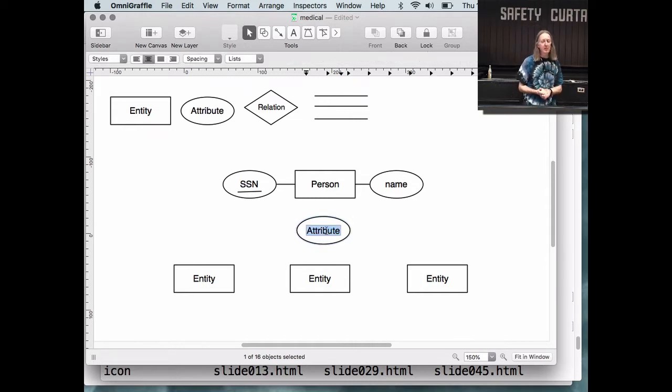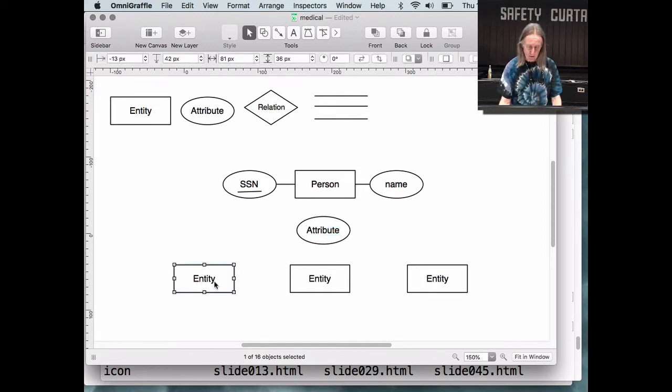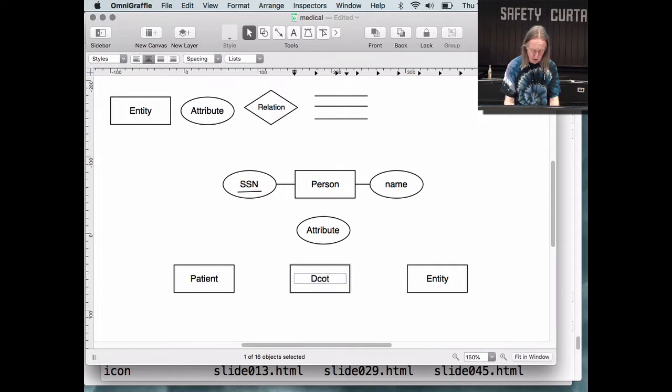And we think about whether they should be disjoint or overlapping. Oh, I should say what the subclasses are first. So we've got patients, we've got doctors, and we've got pharmacists.